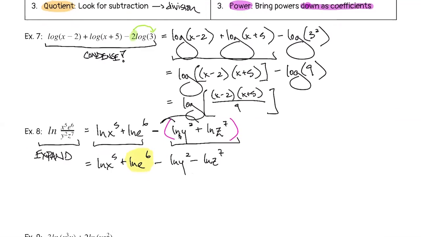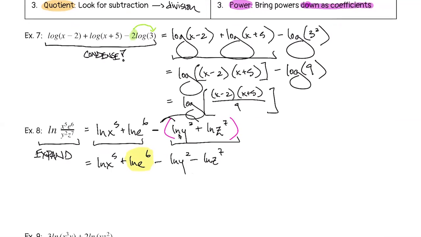I'm going to bring all those powers down as coefficients. 5 natural log x plus 6 natural log e minus 2 natural log y minus 7 natural log z.